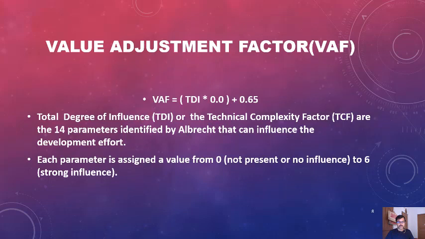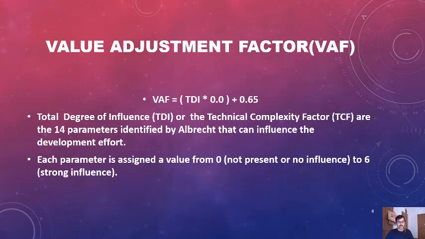There are 14 parameters identified by Albrecht that can influence the development effort. Each parameter is assigned some value from 0 to 6, or sometimes 0 to 5. 0 means it is not present or has no influence, and 6 means strong influence.